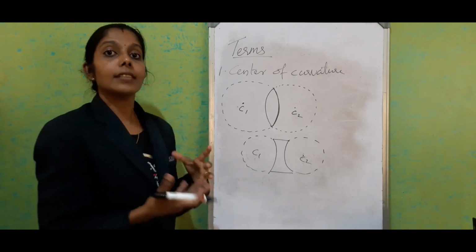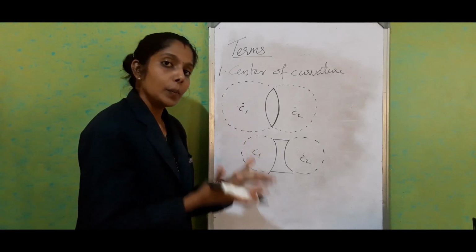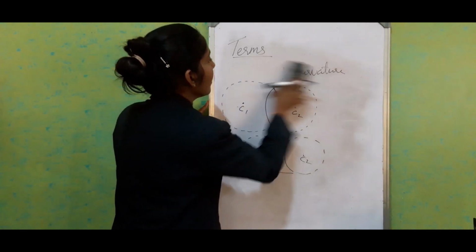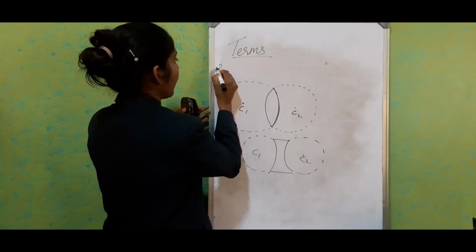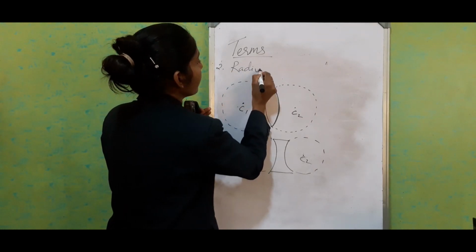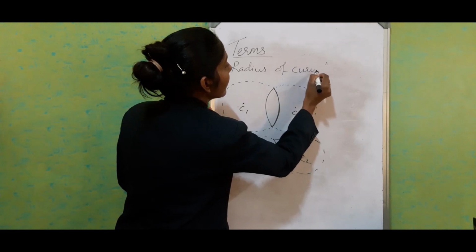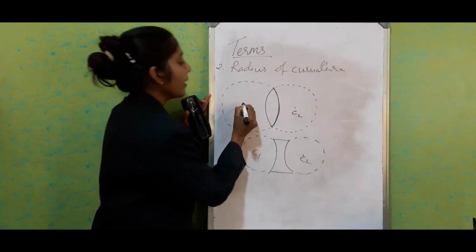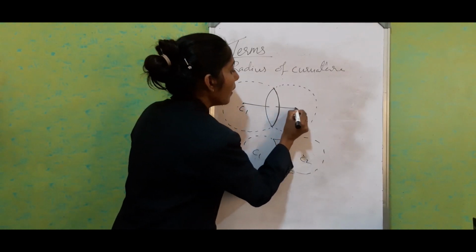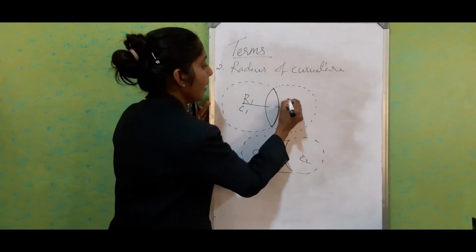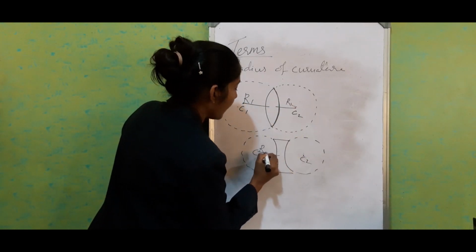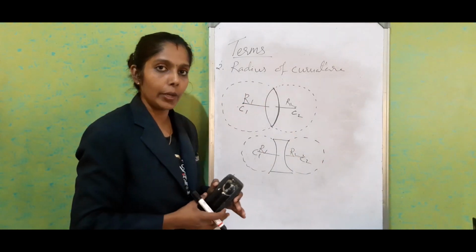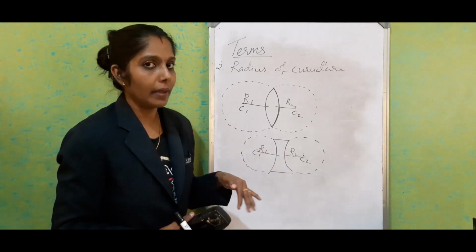So center of curvature is the center of the sphere which the lens is a part. Same way, another second term we have is radius of curvature, the radius of the sphere which the lens is a part, R1, R2. If it is equal size spheres, both radius R1 and R2 will be equal, or depends upon the size, it may vary.